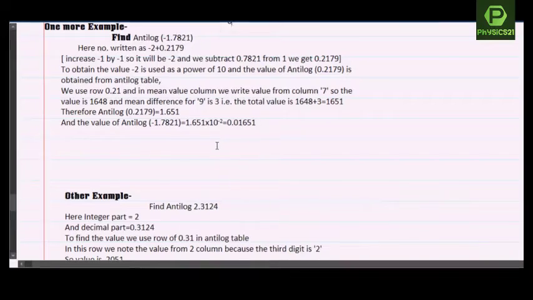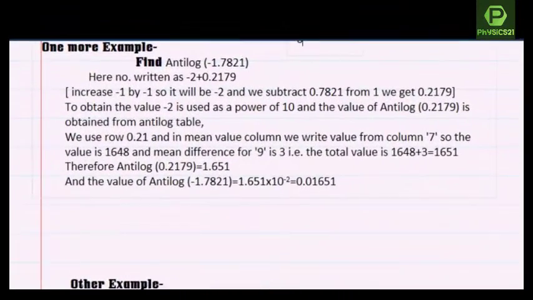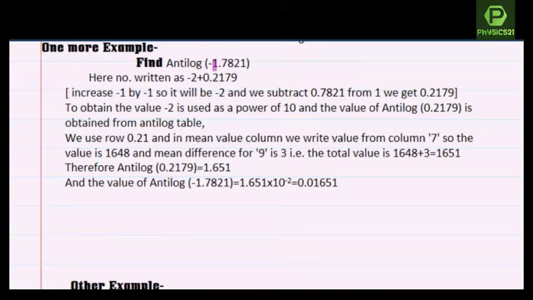In this example, we will calculate the value of antilog minus 1.7821. So this number is written as minus 2 plus 0.2179, because for the negative number, initially we increase the integer number here, minus 1, it will be increased by minus 1, so it will be minus 2.